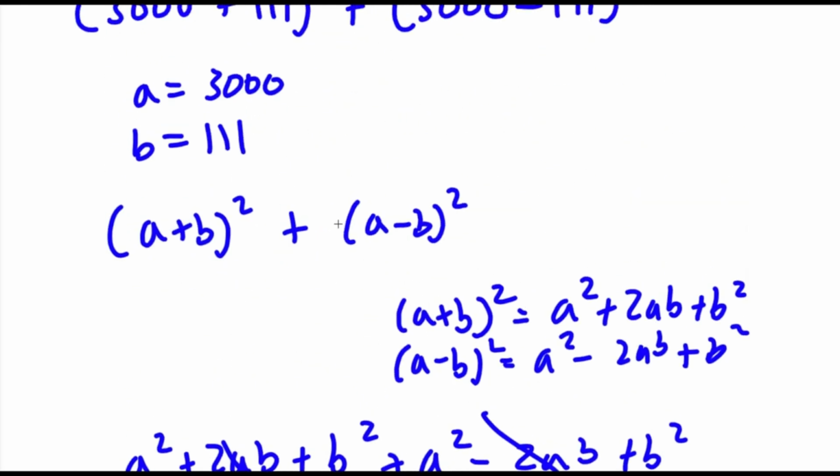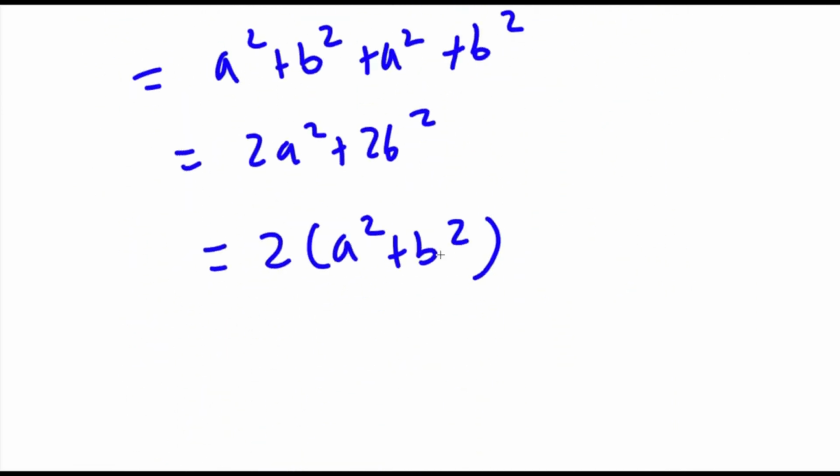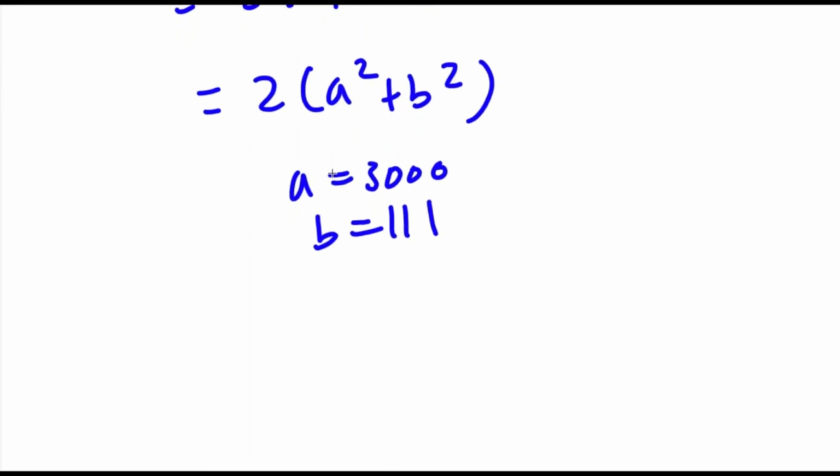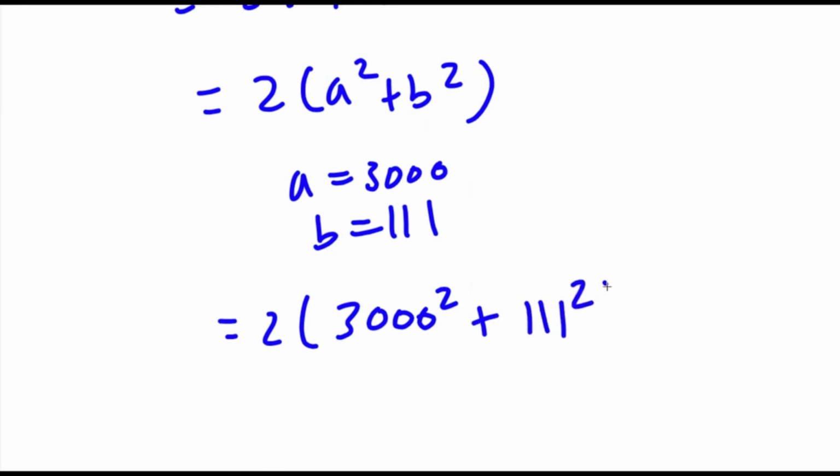Now remember how we set A equal to 3,000 and B equal to 111. So now if I substitute these values back in here, I get 2 times A squared, so 3,000 squared, plus B squared, so 111 squared.